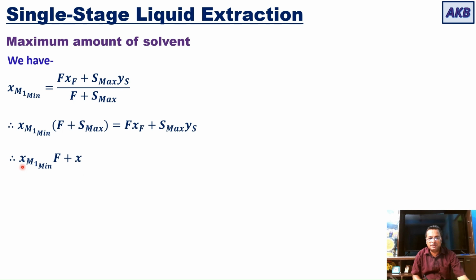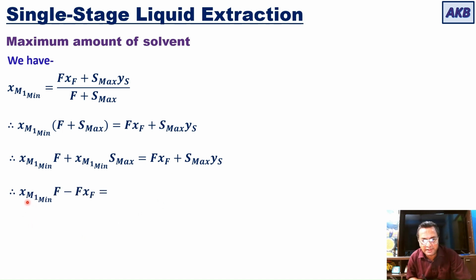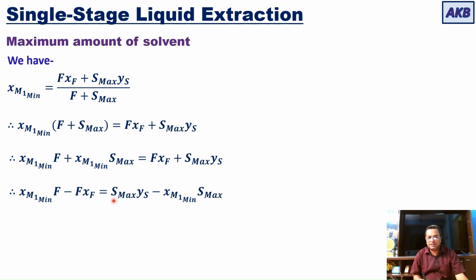And let us simplify it further. xm1 minimum into F plus xm1 minimum into S max, that is equal to F xf plus S max into ys. Then we'll collect all terms containing F on one side, and all terms containing S max on the other side. So this will be xm1 minimum into F minus F xf, that is equal to S max into ys minus xm1 minimum into S max.